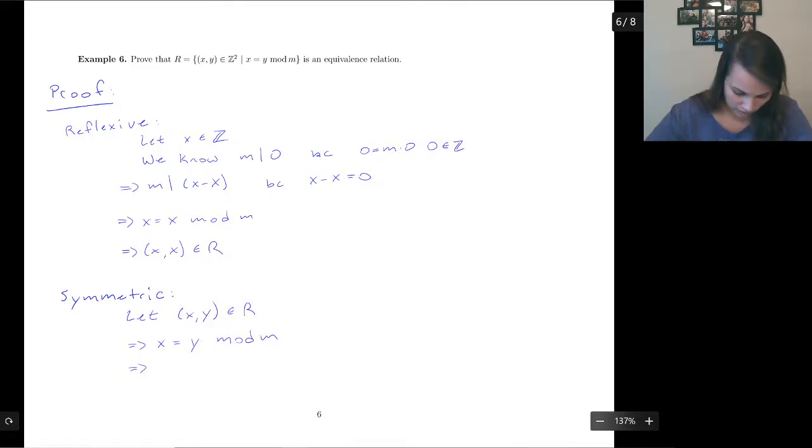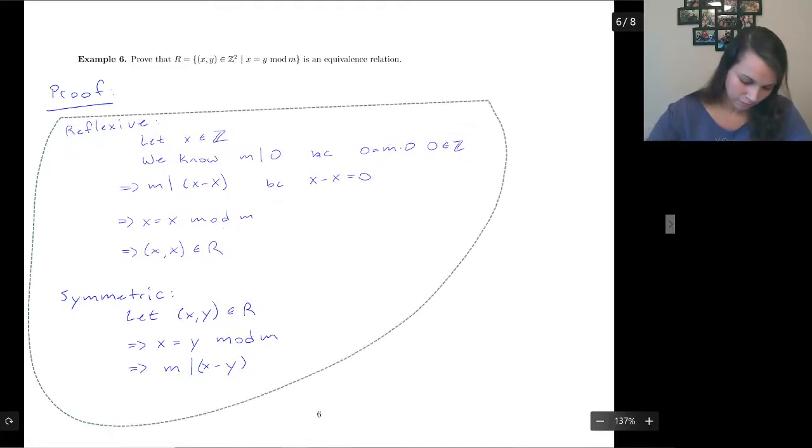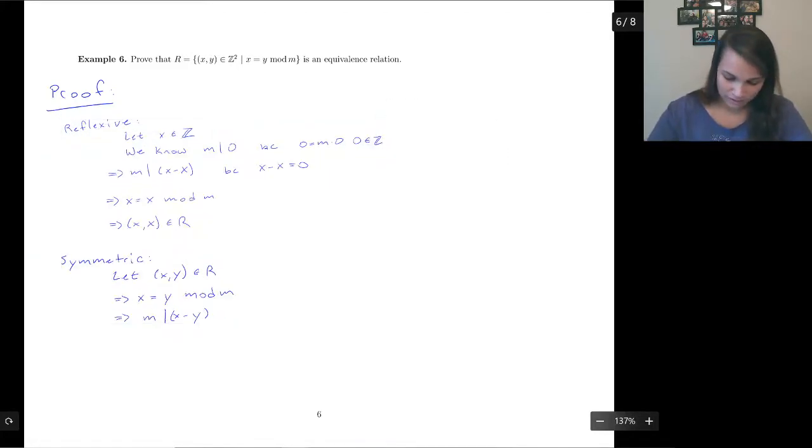So then m divides x minus y. And then what do we do with this? Well, we have a definition for divides, so let's go ahead and apply that just to see where it takes us. x minus y equals mk, where k is an integer.